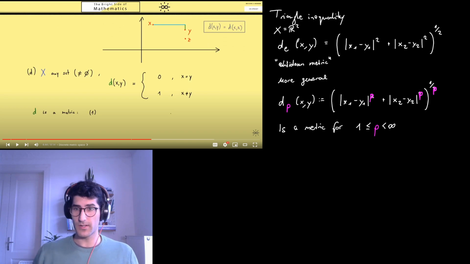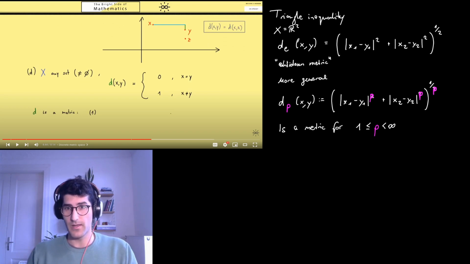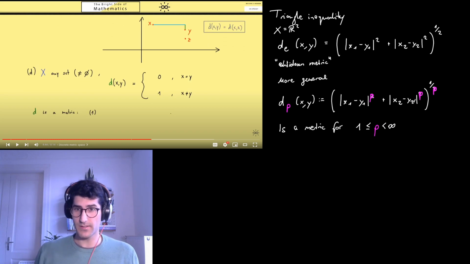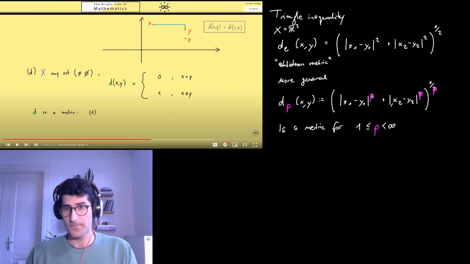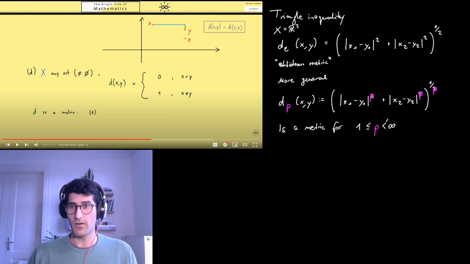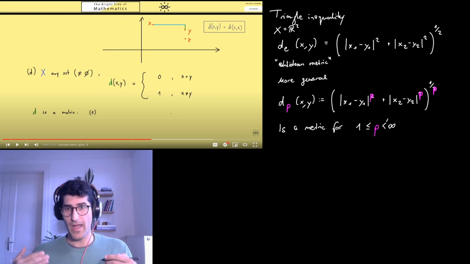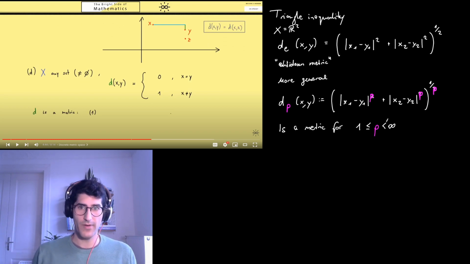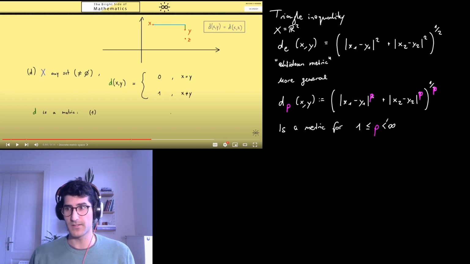And of course you can also generalize it to higher dimensions. So if you take the sum over all components of an n-dimensional vector, in this fashion you get also a new metric, and you have also something similar on function spaces and spaces of sequences. So this is really a large family of metrics that you have in classical spaces of functional analysis.